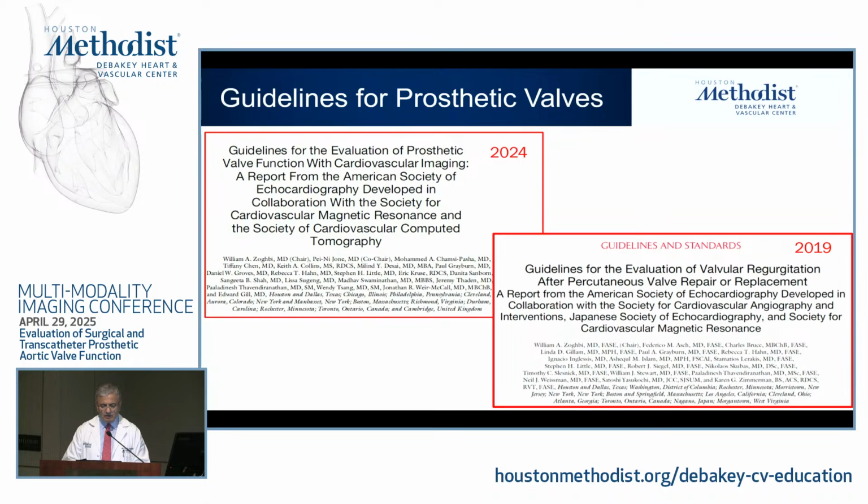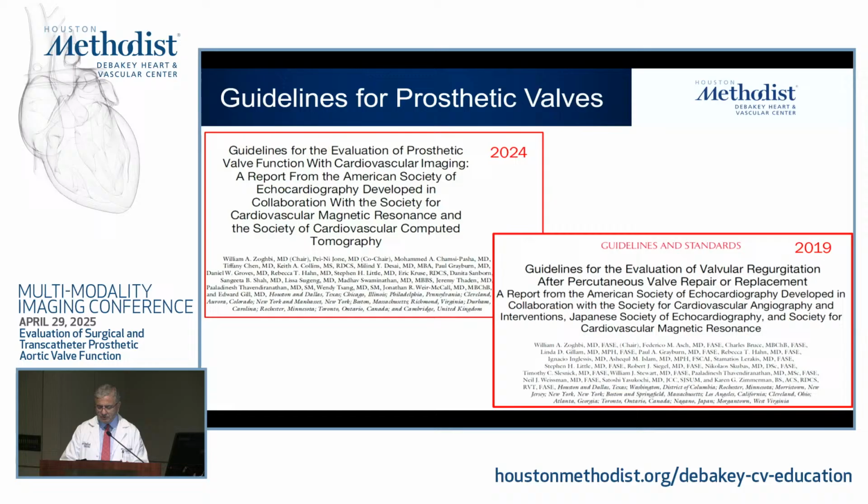Now, there are two recent guidelines, and I was honored to chair both of them. One in 2019, which deals with residual regurgitation in percutaneous valves that are put in different positions. And the most recent one, which is the guideline for evaluation of prosthetic valve function from the American Society of Echo, as well as CMR and the Society for Interventional Imaging.